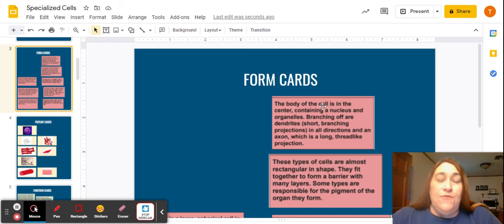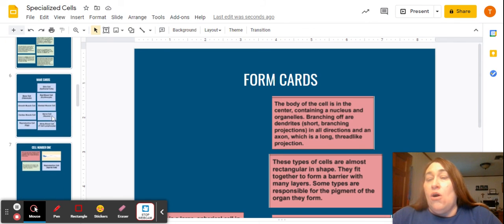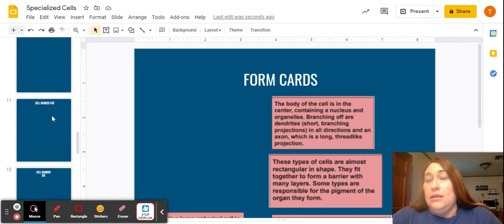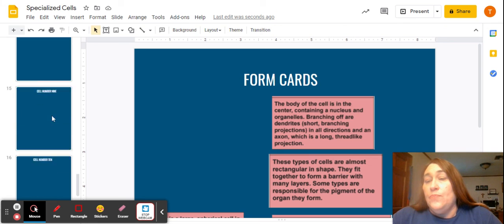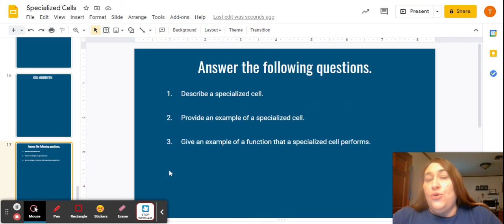There's a lot of information in these form cards that are going to get you started in the right direction. When you're done matching the cards for all 10 of these cells, there are 3 questions at the bottom of the page for you to answer. When you're done with those 3 questions, you can submit your work.